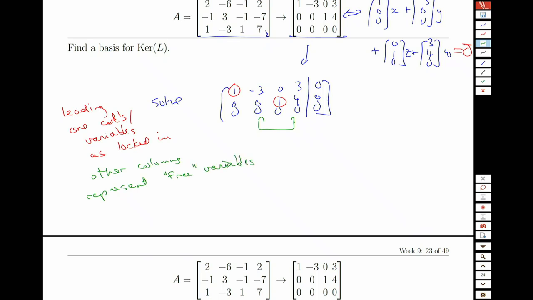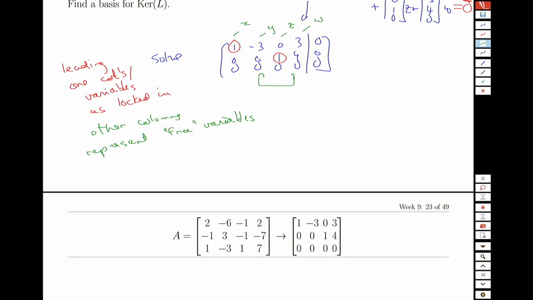All right. And let me show you how this plays out. So in this particular scenario with the variables I chose before, this is the x column, that's the y column, that's the z, that's the w. What we're going to do is add more letters, because we definitely needed more letters in this problem. We are going to let y, the first column that doesn't have a leading 1, be a variable that feels less spacey.